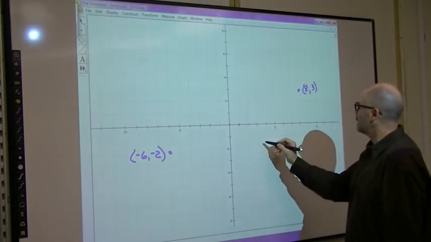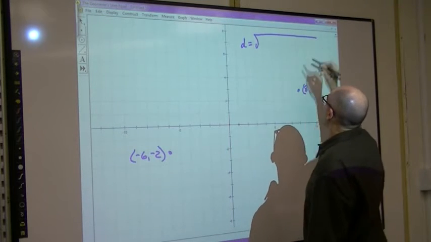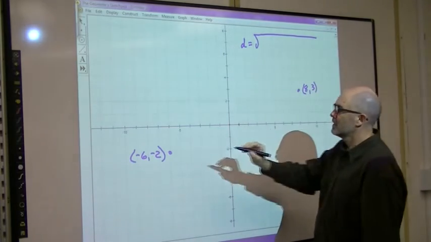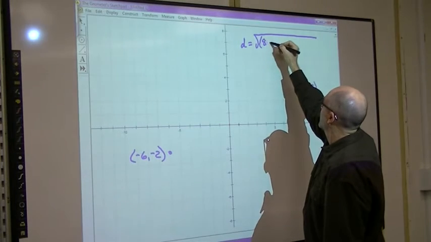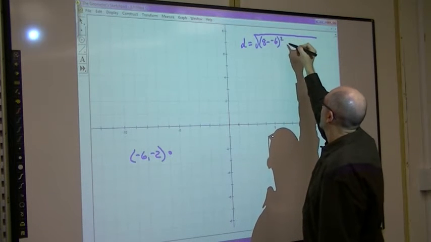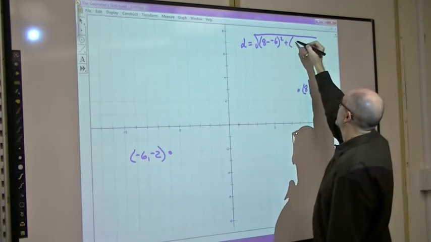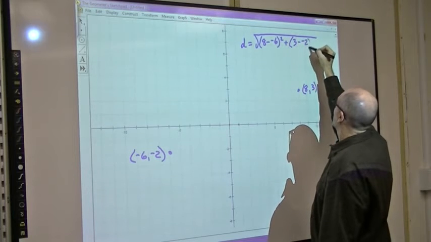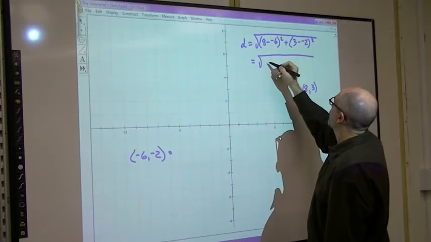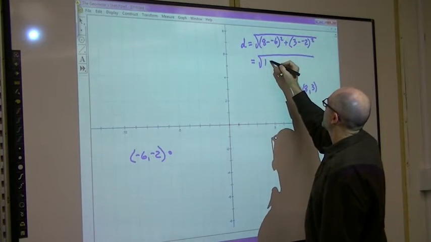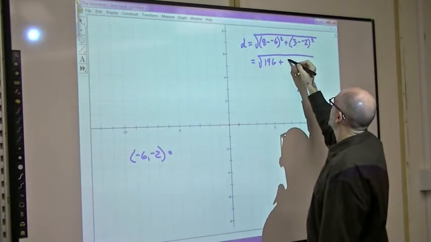Okay, so distance equals the square root of (8 minus -6) squared plus (3 minus -2) squared, which equals the square root of 14 squared, which is 196, plus 5 squared, which is 25.